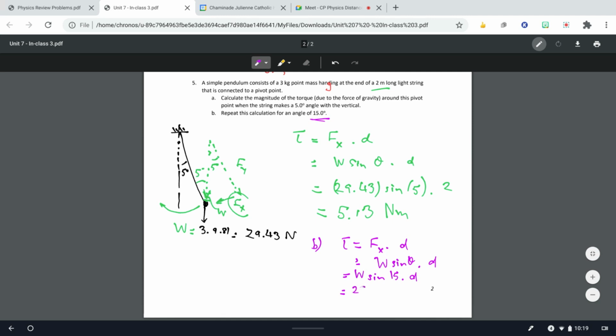Once you plug in the numbers, 29.43 sine of 15 times 2, that should give you an answer of 15.23 newton meters.